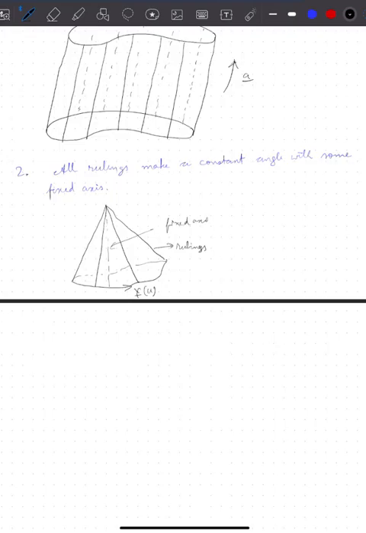We need not have a constant angle, but if it is a constant angle, say alpha, then we will have a circular cone.